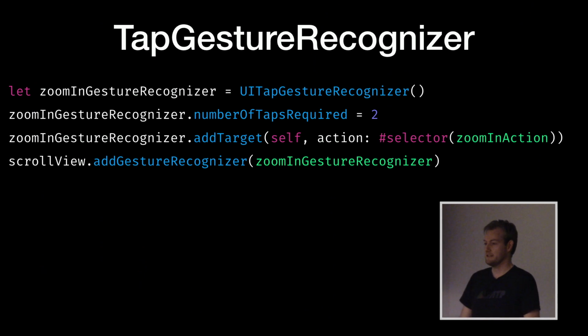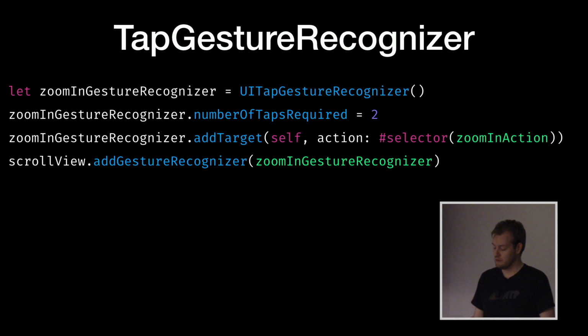We can create a TapGestureRecognizer, configure it to take 2 taps and set the function we want to be called, and assign the gesture recognizer to the scroll view. And now whenever we double tap on the scroll view, this method gets called.